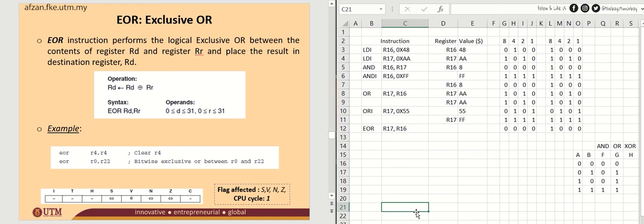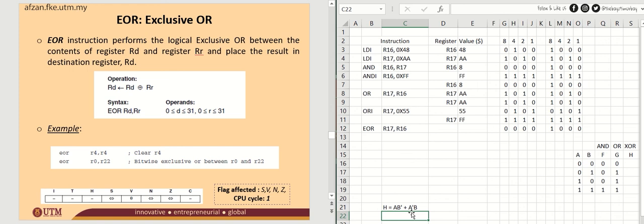this is a logical expression of exclusive OR, in which H equals A exclusive OR B, which you can simplify as A B bar plus A bar B. This is what we call the logic expression of exclusive OR.